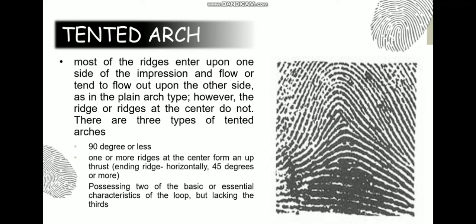Number one is 90 degrees or less. Number two, one or more ridges at the center form an up thrust ending ridge horizontally 45 degrees or more. The third one is possessing two of the basic or essential characteristics of the loop but lacking the third.